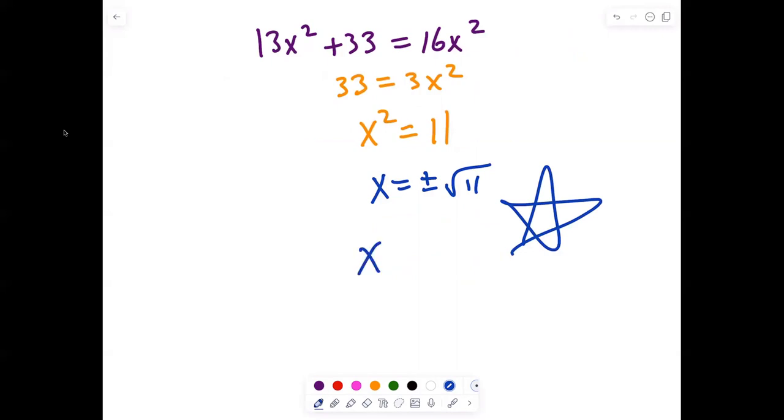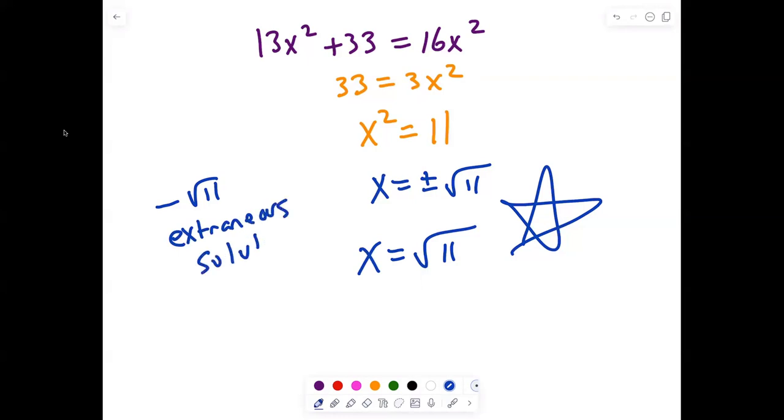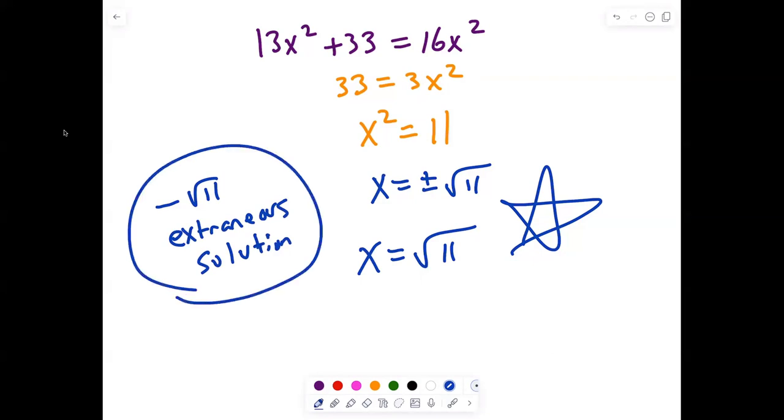No, so the only answer is square root of 11. Negative square root of 11 is considered an extraneous solution. That means you did the math correctly, but it gave you a solution that is not true. If you plug negative square root of 11 in, it won't be equal.